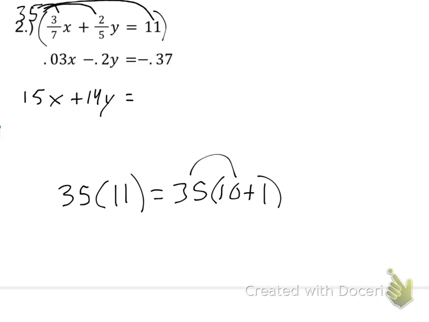And if I use distributive property, 35 times 10 is 350. 35 times 1 is 35, which is 385. It makes it go that much quicker, and at your age, you guys assume that if I can get it done quicker, it must be easier.